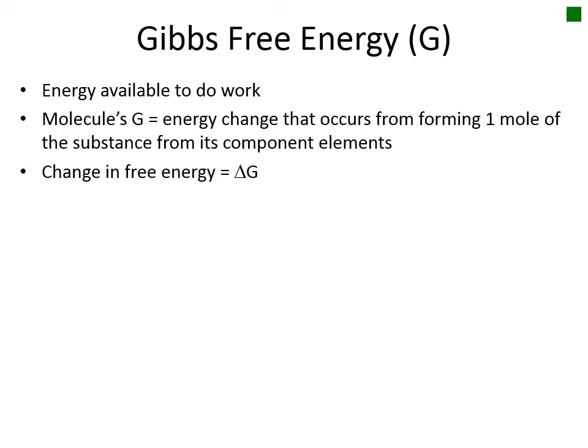The amount of energy in a system that is available to do work is called the Gibbs free energy. Every molecule has a set amount of Gibbs free energy based on its atomic makeup and chemical bonds. You can calculate the changes in free energy as a reaction moves from the reactants to the products. This is designated as delta G.